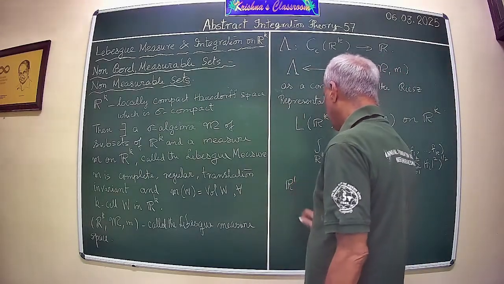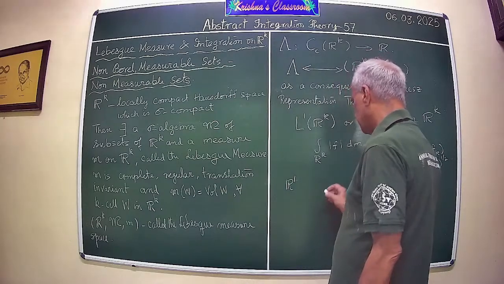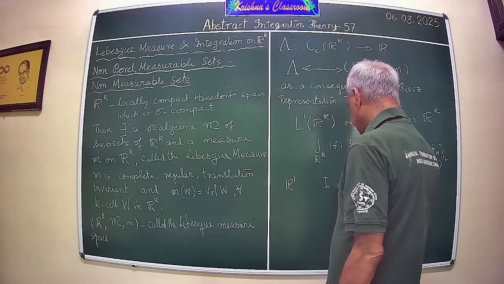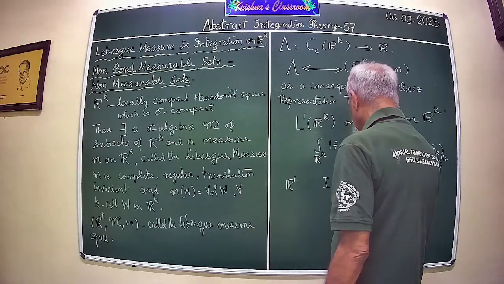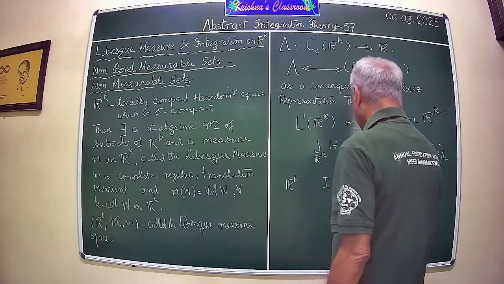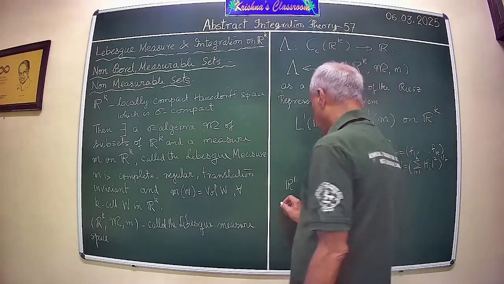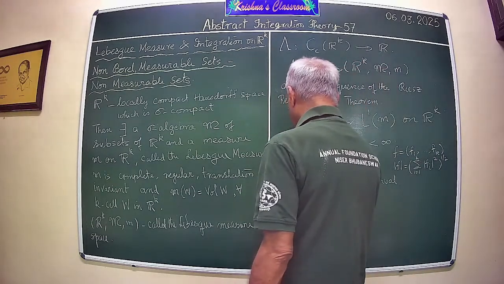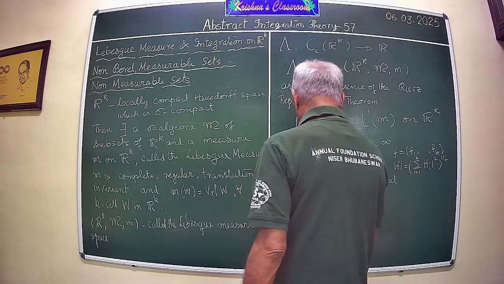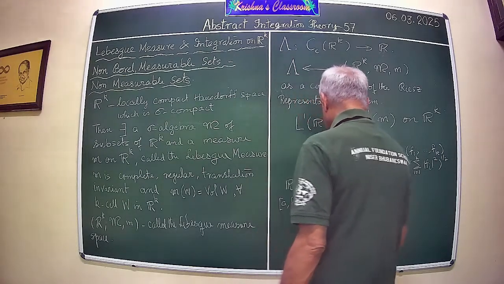And of course, in R^1, you recall this is the situation. Suppose I is an interval. I mean, this may be of the form (a,b), where a and b are not included.